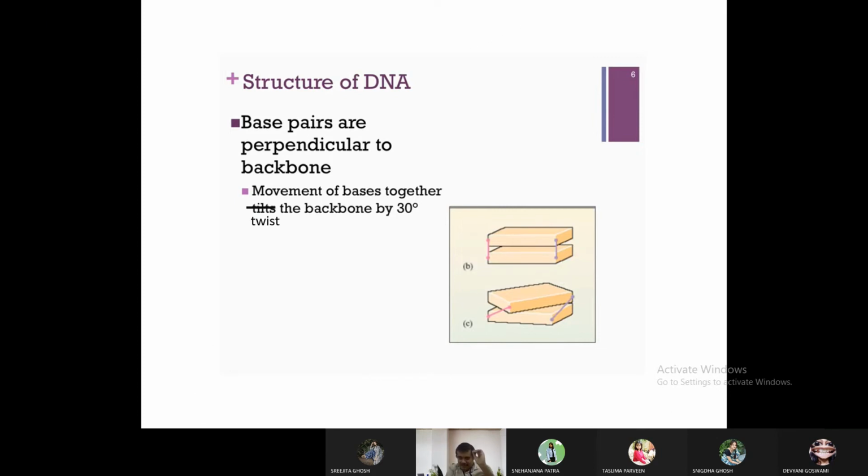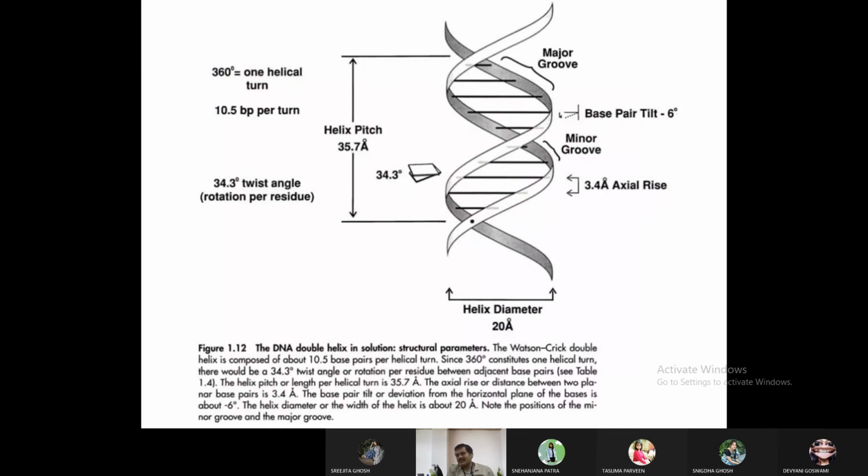So what is the actual measurement? The actual measurement is not 30 degrees, it is 34.3 degrees twist. So each base is twisted against the other by 34.3 degrees.